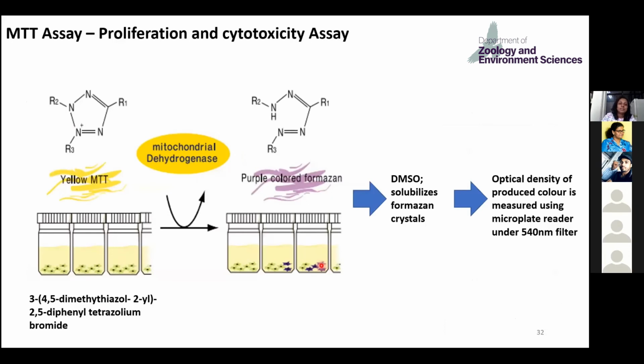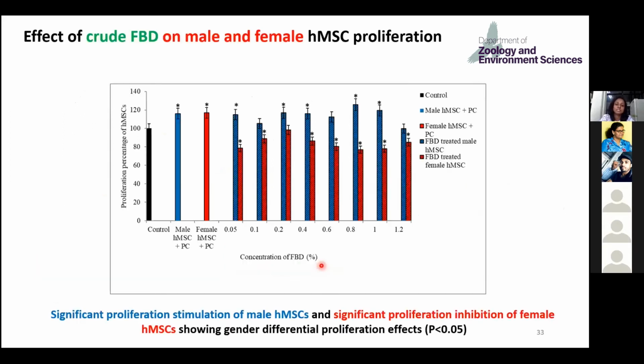And to check on the proliferation and cytotoxicity, we did the MTT assay, where a color formation indicates the increased number of stem cells or cells. And these were our results. We checked on both male and female mesenchymal stem cell proliferation effect.